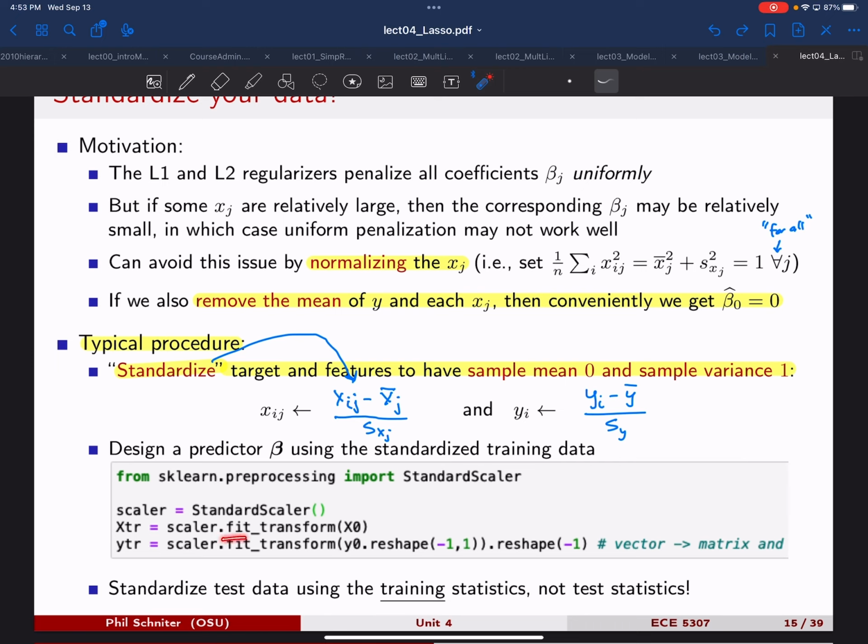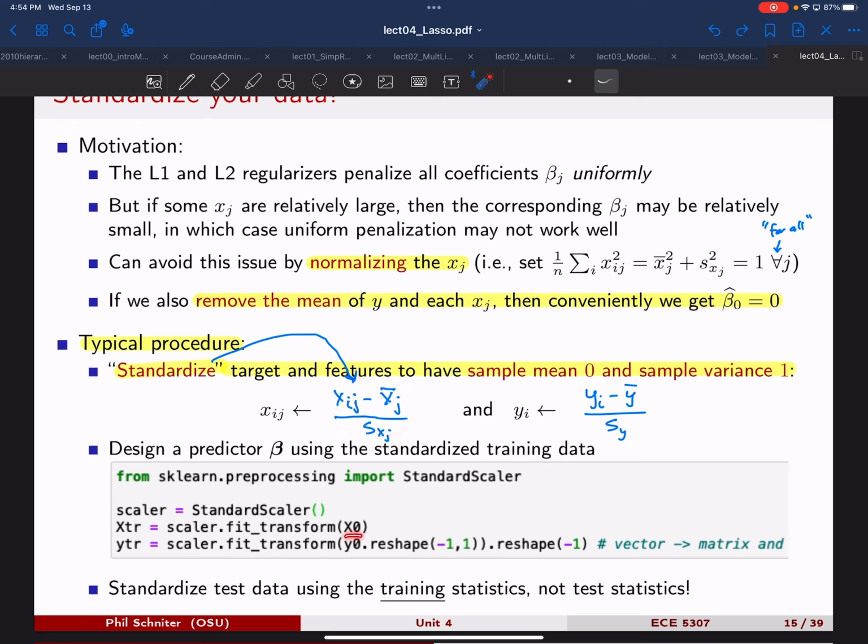So the function that we'll use most often is the fit and transform function. So by fit, what we mean is compute these statistics from the data. By transform, what we mean is do the shifting and the scaling. So this function does both. It figures out those and it applies them to the data.